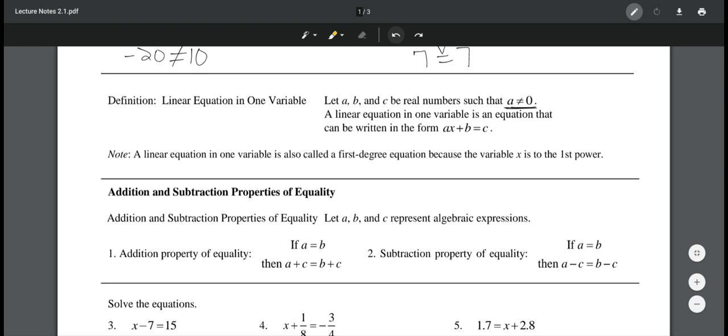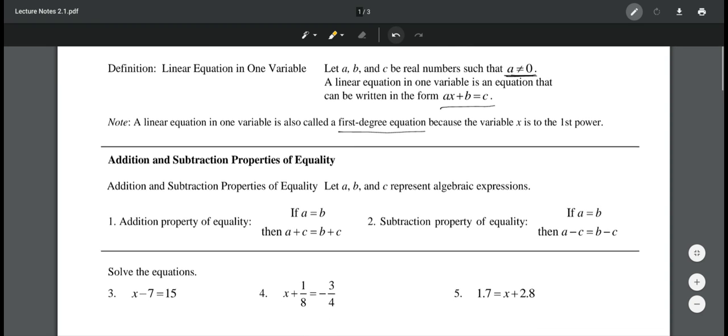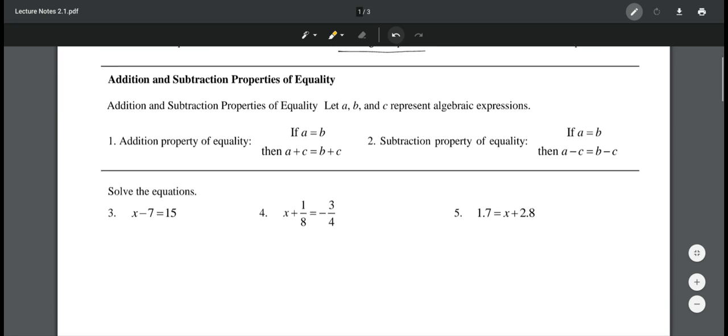They can be 0, okay? This is normally what you're dealing with, one variable. A linear equation in one variable is also called a first-degree equation, because the variable only has a power of 1. It does not have an x squared or an x to the third. Its exponent is an understood 1.